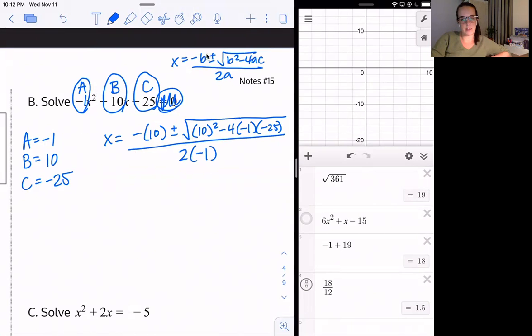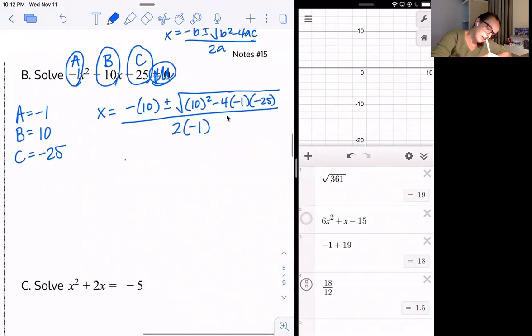So I just plugged in the b in here, b in here, a in there, c in here, a in here. Right? And we need to simplify our zones. So top zone, negative 10 plus or minus the square root. 10 squared is 100. And then I have negative 4 times negative 1 times negative 25.